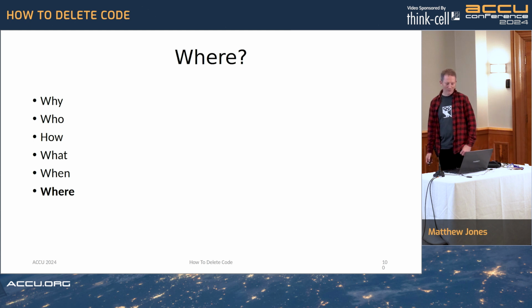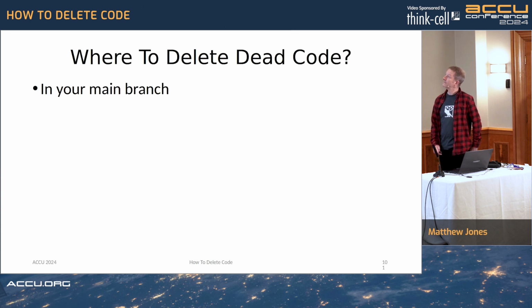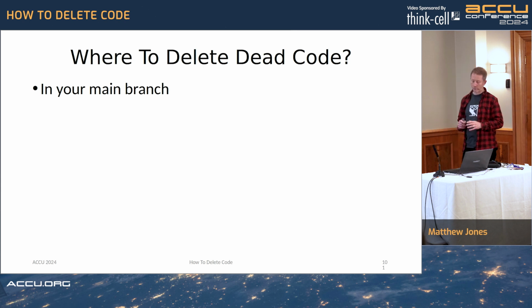So where should we delete code? I don't mean physically, but where in the project? Do it in the main branch, trunk, or whatever, so that the history is clear. We use Subversion. I know it's very different with Git.